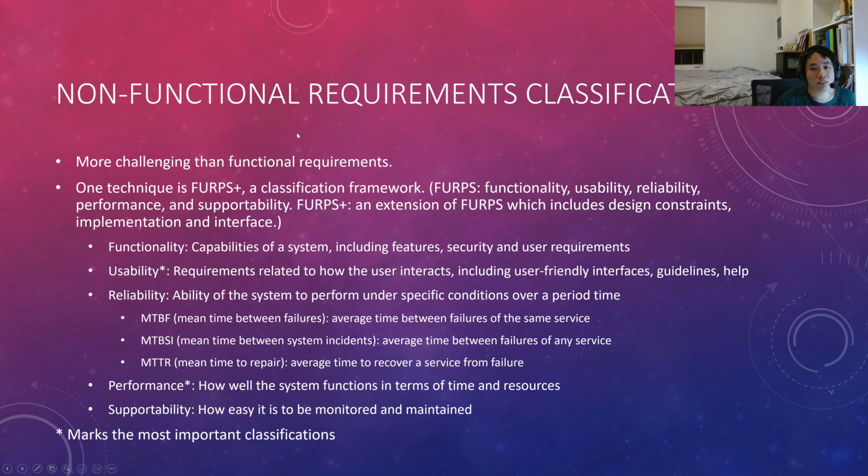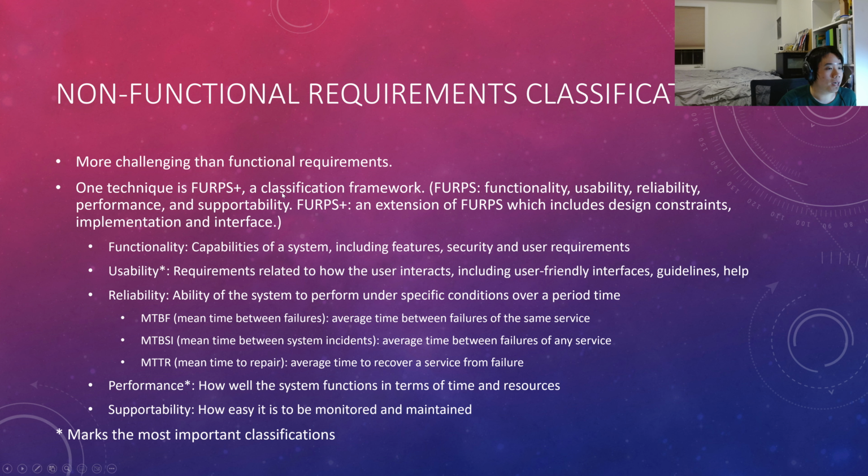So we've done functional requirements classification, but how do we do the non-functional ones? These are a bit more challenging, but there is a framework you can use, and it's called FURPS, or in our case we have FURPS+. FURPS refers to the five aspects: functionality, usability, reliability, performance, and supportability.